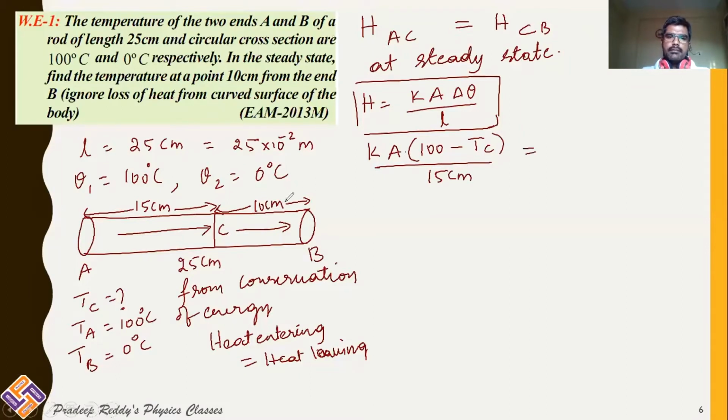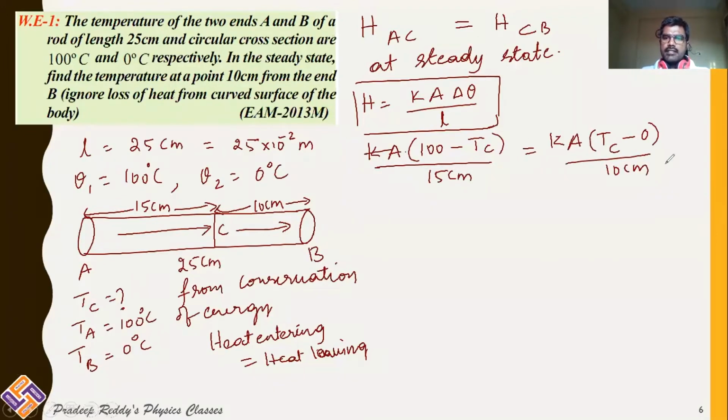From C to B, the material is the same, so K will remain the same. Area of cross section is also the same, and temperature at C is Tc minus temperature at B which is 0, divided by length 10 centimeter.